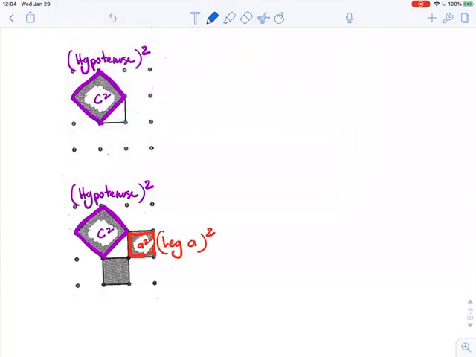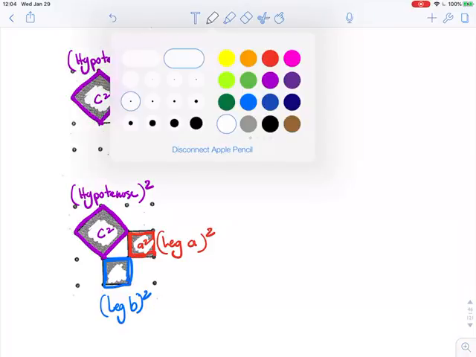And this one over here, we'll call leg B squared, because it's in the shape of a square. We'll call this B squared.